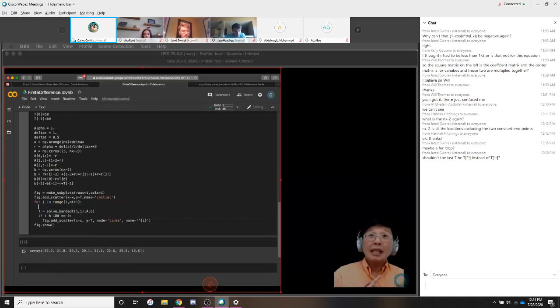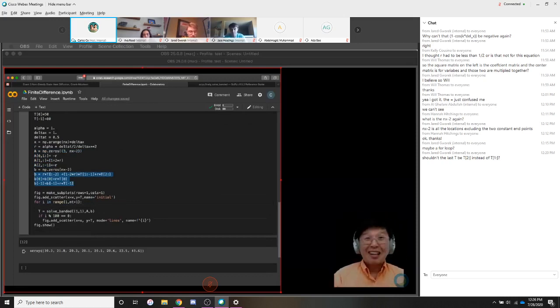To calculate the temperature at a later time, you need to know the temperatures at the previous time. Thankfully, our A matrix, the matrix of coefficients, does not depend on temperature. So that stays the same. We don't have to calculate that repeatedly.